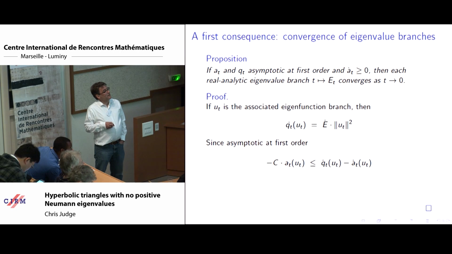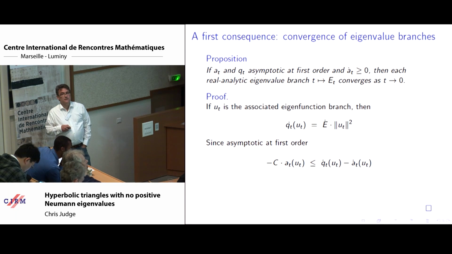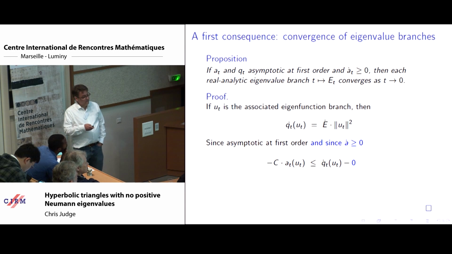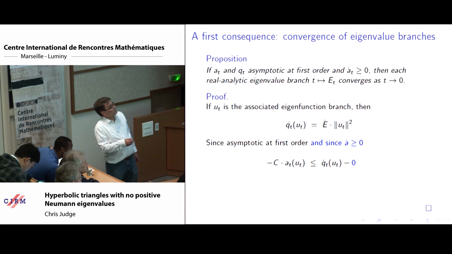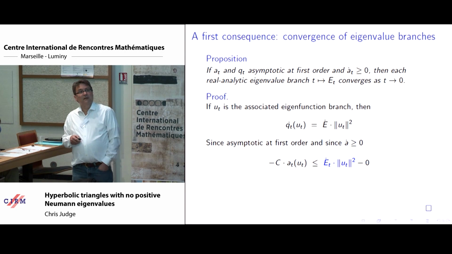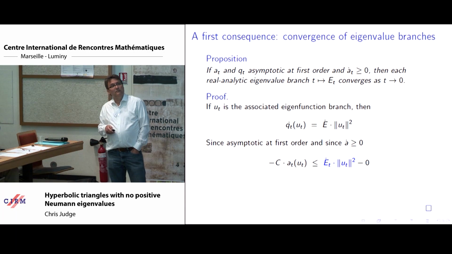And then since asymptotic at first order, we know that Q dot minus A dot is in absolute value less than C times A, but that means it's just bigger than minus C times A. And then I also know that A dot is positive, so I can get rid of that part, and I get just minus C AT UT. And then since UT is an eigenfunction, I can use this equation, substitute in here. I get that. So I just substitute in.